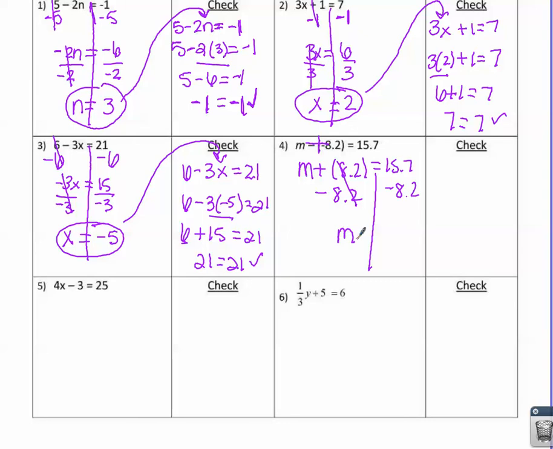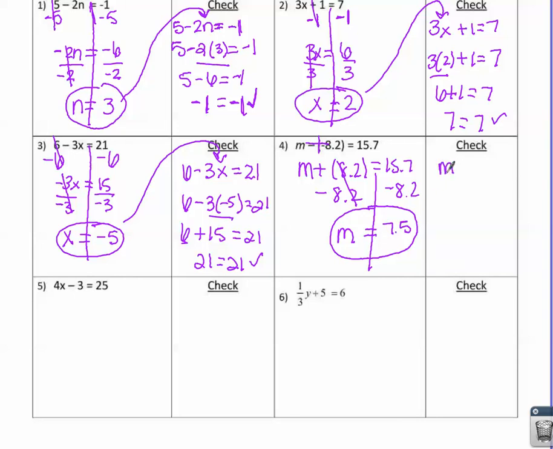Bring down what's remaining. M equals, and 15.7 minus 8.2 is 7.5. Since this starts in decimals, you can leave it in decimals.